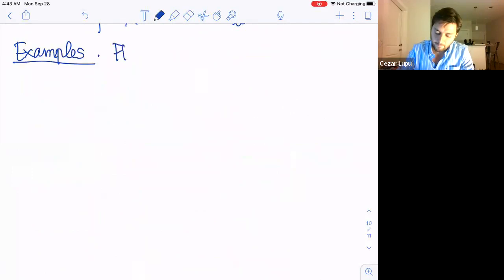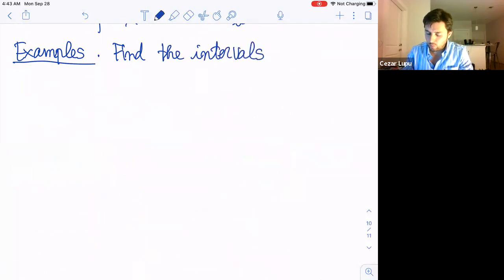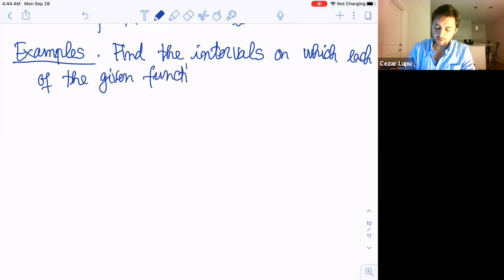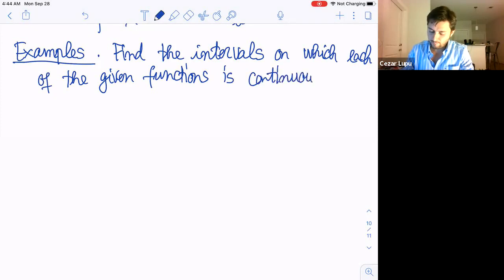Find the intervals on which each of the given functions is continuous. So we'd like to see which of the following functions is continuous.